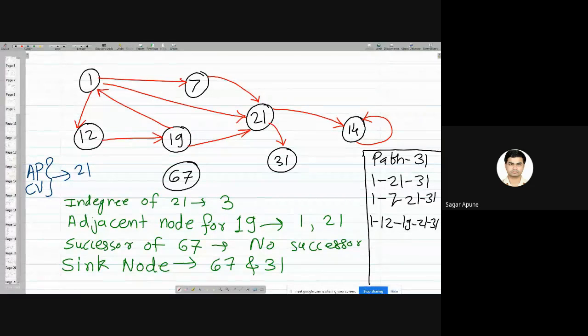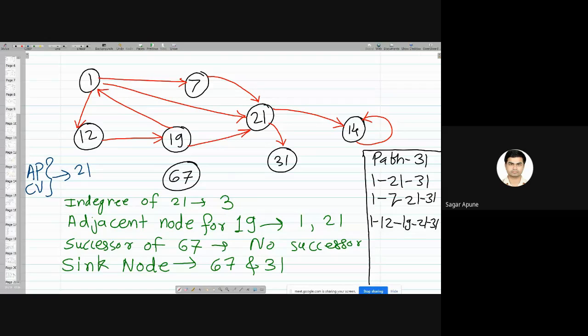What about 19? If I remove 19, what will happen? No single vertex becomes free. After removing 19, does any vertex become free? No, because the 1 to 12 connection remains, and the 1 to 21 connection also remains. So 19 is not an articulation point.